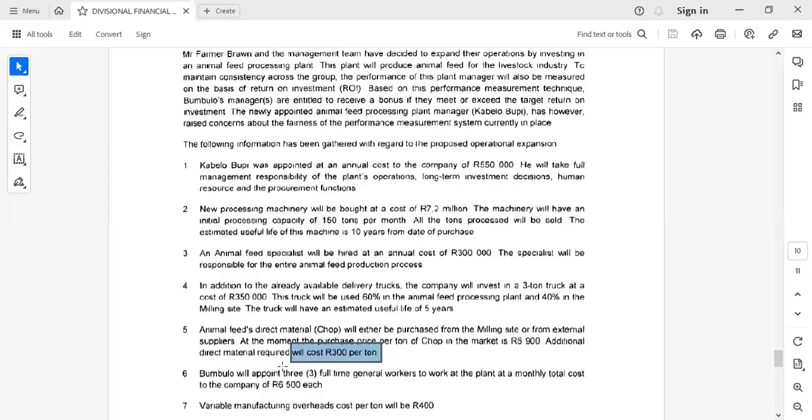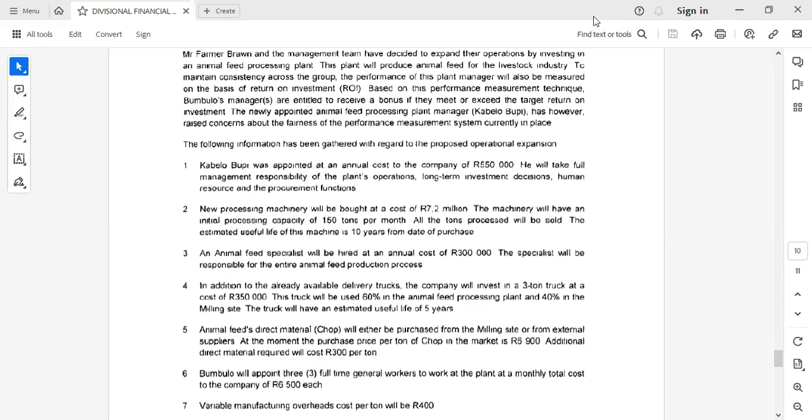Then Bumbulo will appoint 3 full-time general workers to work at the plant at a monthly cost to the company of 6,500 each. You have to be very careful. There are 3, and it's a monthly cost, so we should multiply by 12. And the 6.5 is for each, so we should multiply by 3.